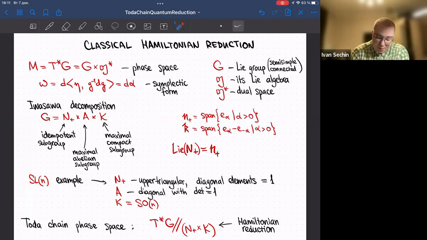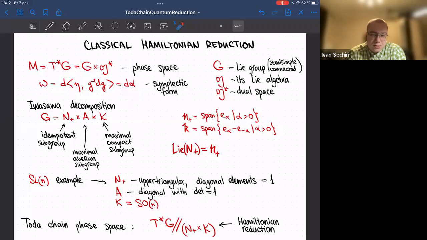If our G is SL_N, this N plus is upper triangular matrices with ones on the diagonal, A is just diagonal matrices, and K, the maximal compact, is SO_N.